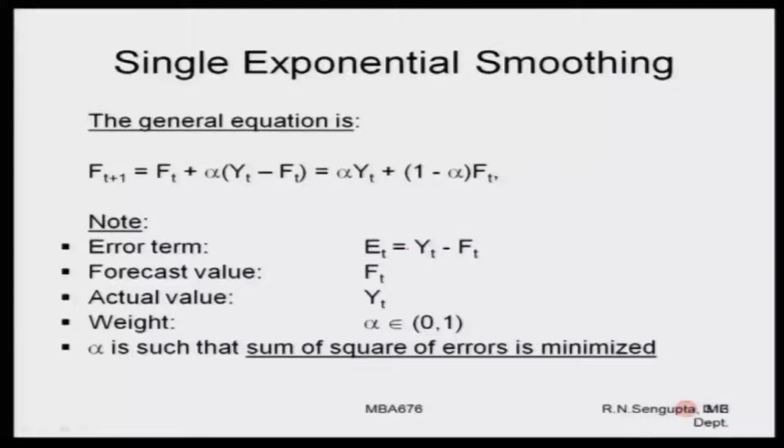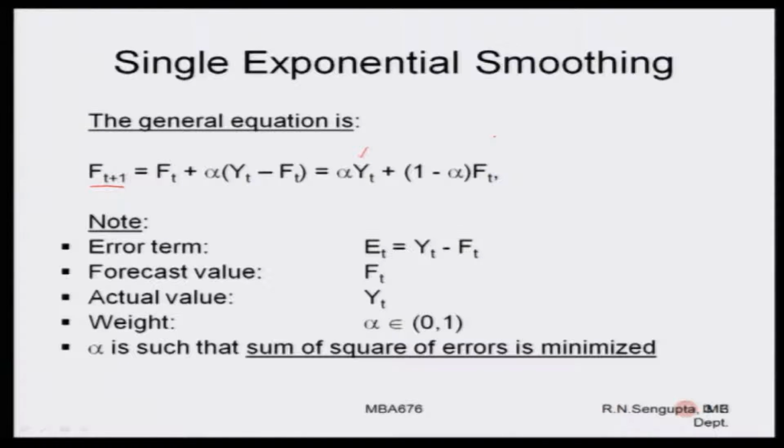Now, consider the simple single exponential smoothing method. The equation, if you look at it, is very simple. F t plus 1, which is the forecasted value for the t plus 1 time period, depends on two things. Number one, it depends on the actual value y t for the last case, but you put a weightage of alpha on it. And it also depends on the forecasted value for the last stage, and you put a weightage of 1 minus alpha.